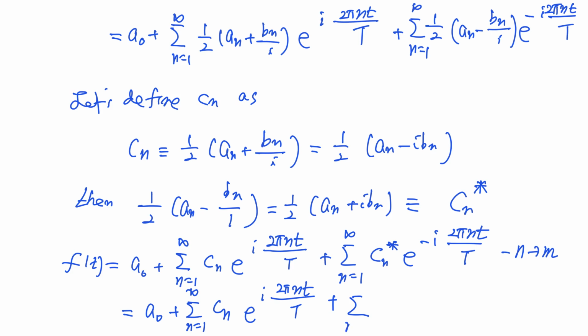So m is starting from minus infinity to minus 1. Then we have C minus m complex conjugate exponential i 2 pi m t over T.